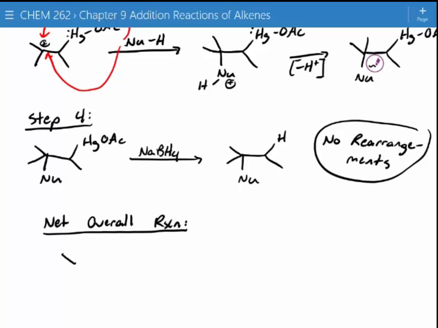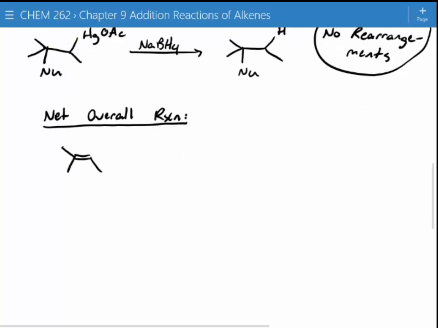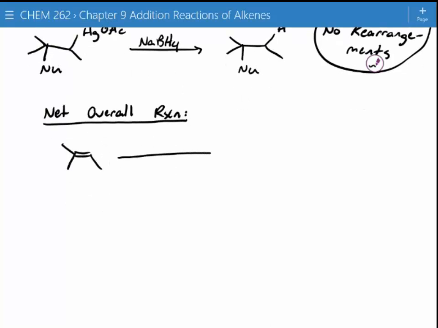So if we've got something like our alkene that we worked with here, it's 2 steps. First step is to react it with our mercuric acetate, Hg(OAc)2, and then we react it with our nucleophile.